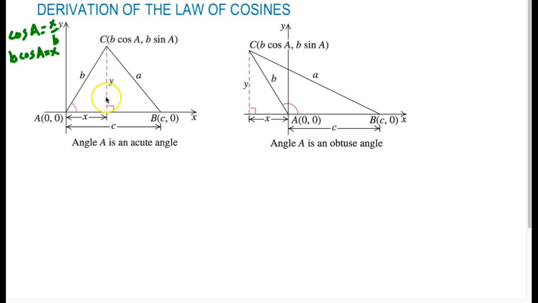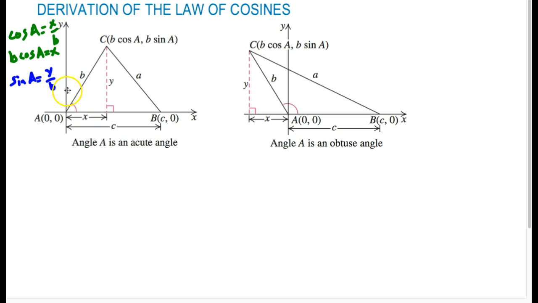Similarly, if I want to get the y-coordinate, looking at this right triangle, with respect to angle A, this would be the opposite side, this would be the hypotenuse. So I could set this up by saying sine of angle A is equal to opposite over hypotenuse, y over b.